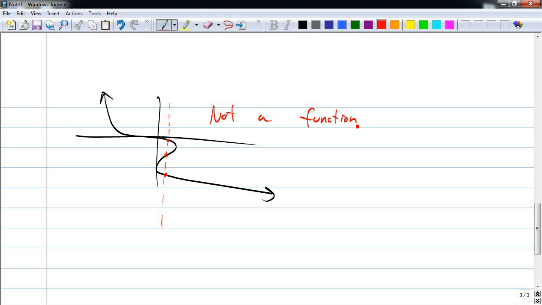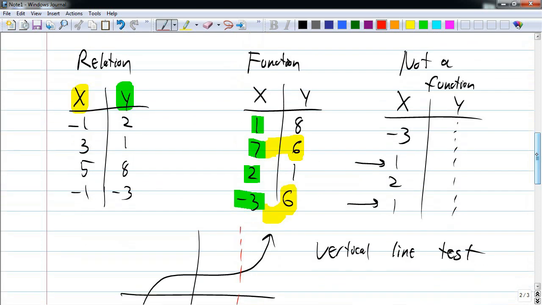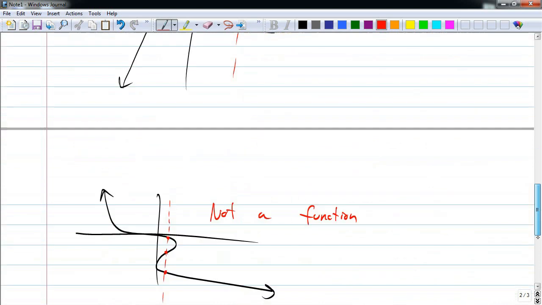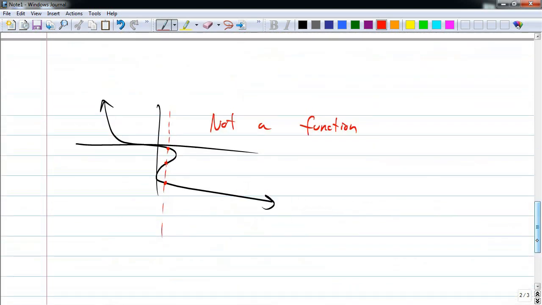Now, for most of the math that we do, functions are a concept that appear all over in mathematics, even math that doesn't necessarily deal with numbers. When we get to that, that's later on in college.